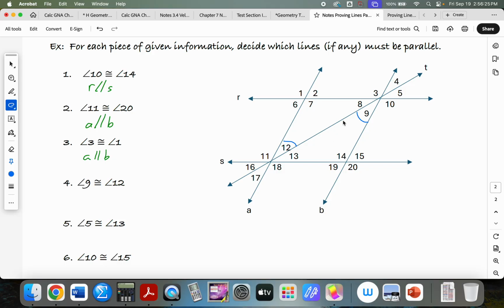What kind of angles are 9 and 12? Alternate interior, because they're in between these two lines and they are on opposite sides of T. Is congruent the right relationship for alternate interiors? Yes. The lines that make 9 and 12 are T, B, and A. Those are the sides of 9 and 12. So which two are the parallel lines? A and B.